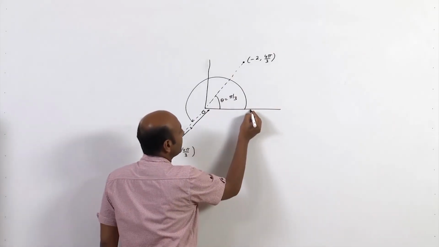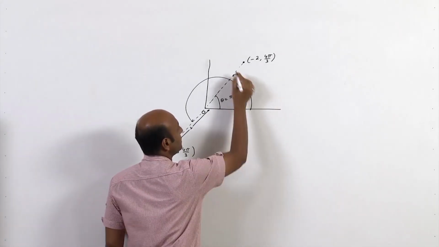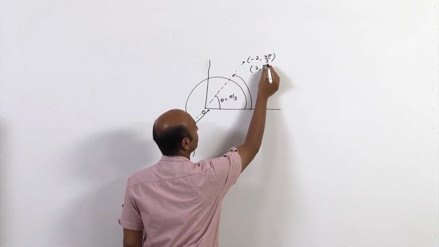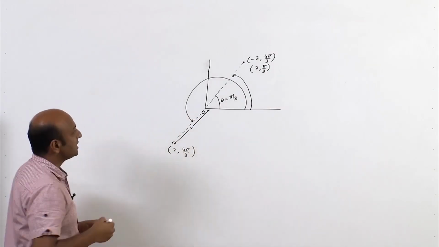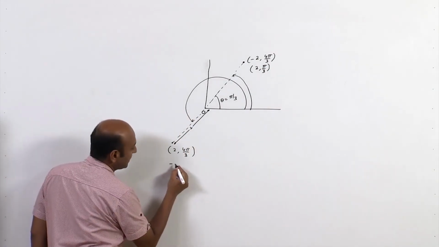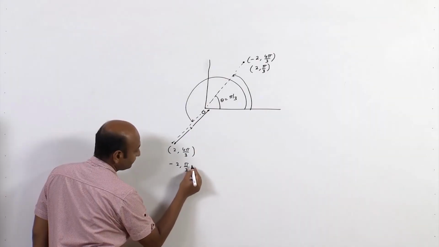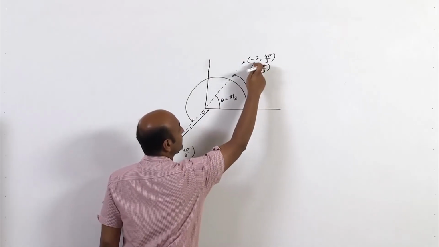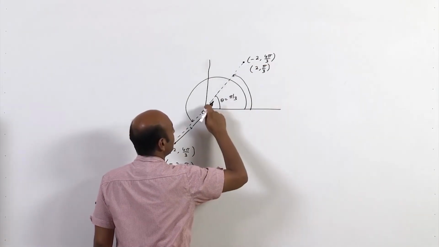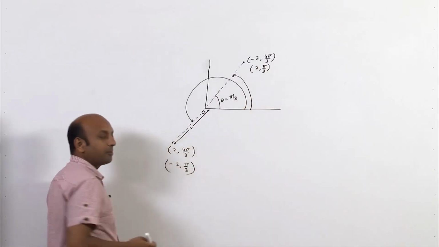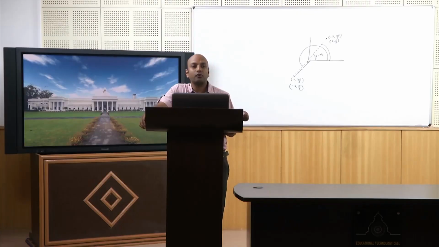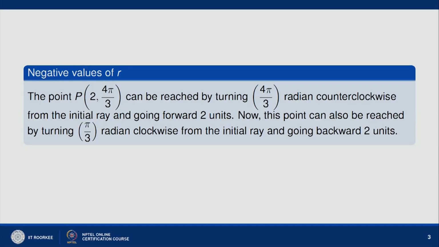This is pi by 3, so this may also be represented as 2 comma pi by 3. Okay. Or this point may also be represented as minus 2 comma pi by 3, because this length is 2 and theta is pi by 3. If we take the mirror image of this point about the origin, then this will be minus 2 comma pi by 3. Okay. So that is how we can take negative values of r.